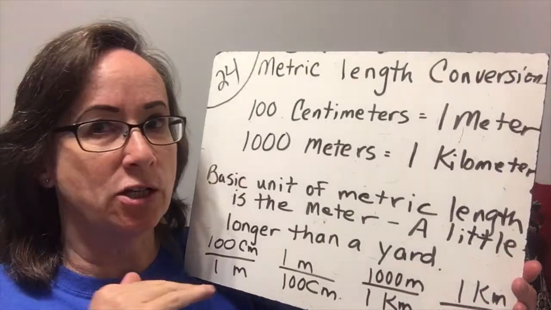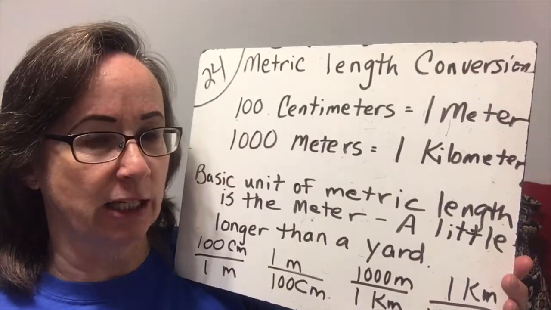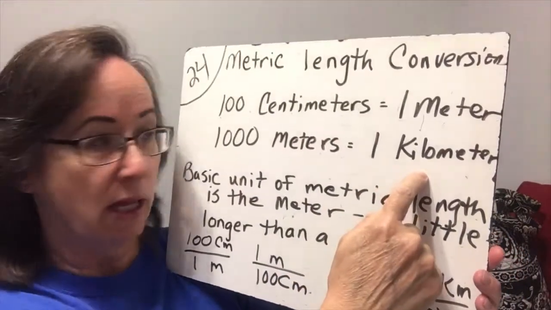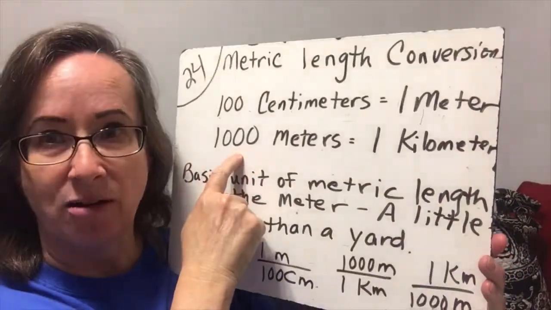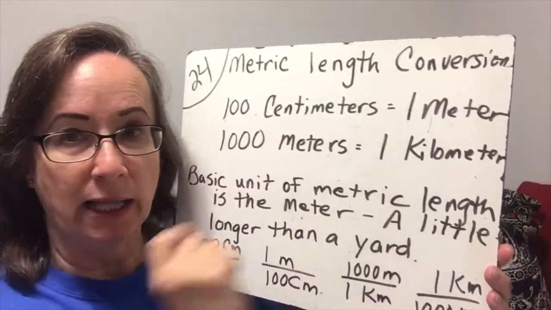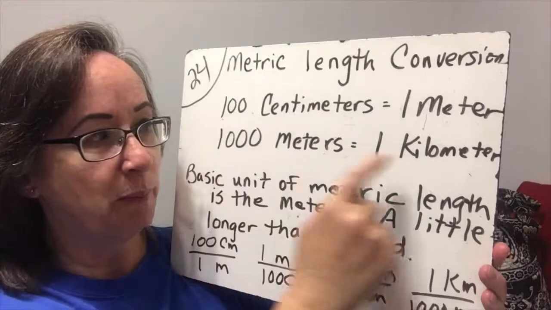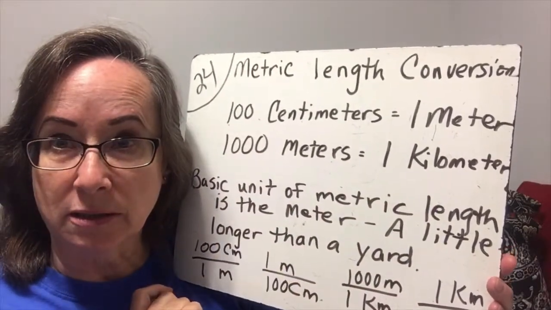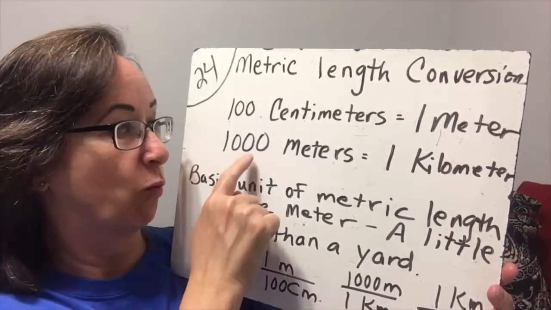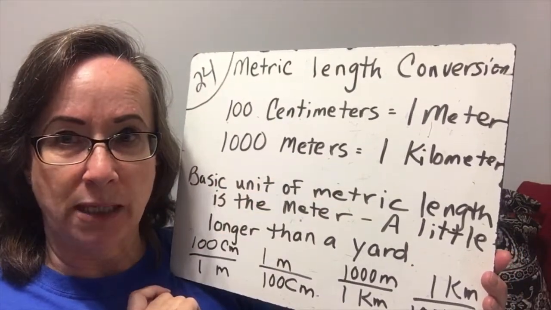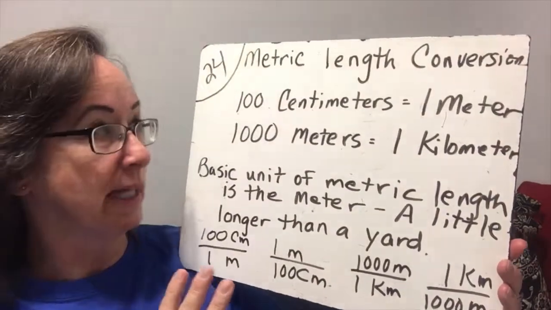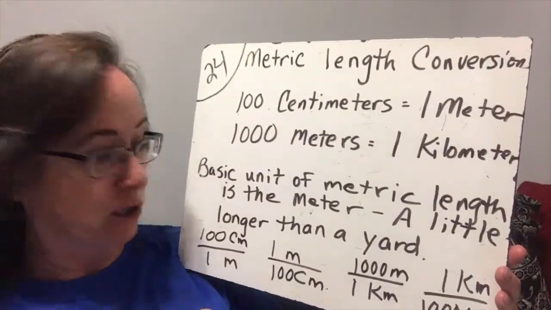But if you were going to measure a big distance, like you were driving in a car, you might use kilometers, because 1,000 meters put side by side, end to end, would be a kilometer. And a kilometer's a big distance, isn't it? 1,000 meters.